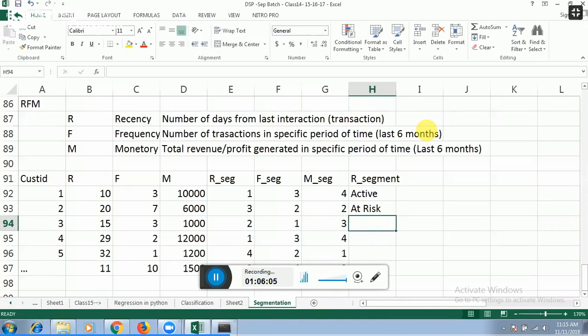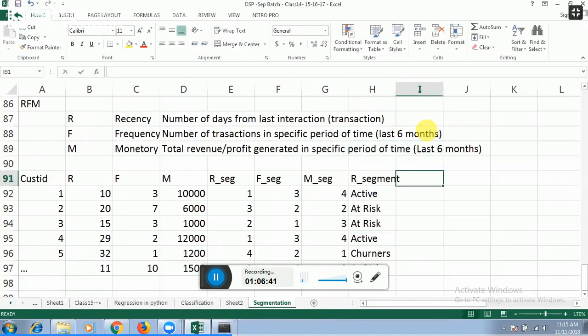There is a high possibility of churners. So 1 means active, 2 means at risk, and 4 means risk, I mean churners. I can do this kind of segment.